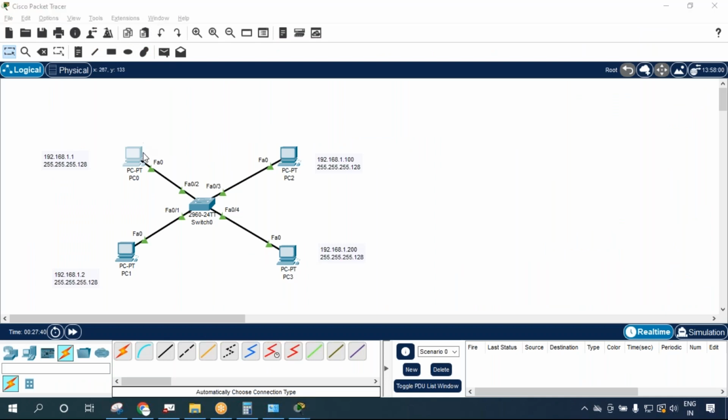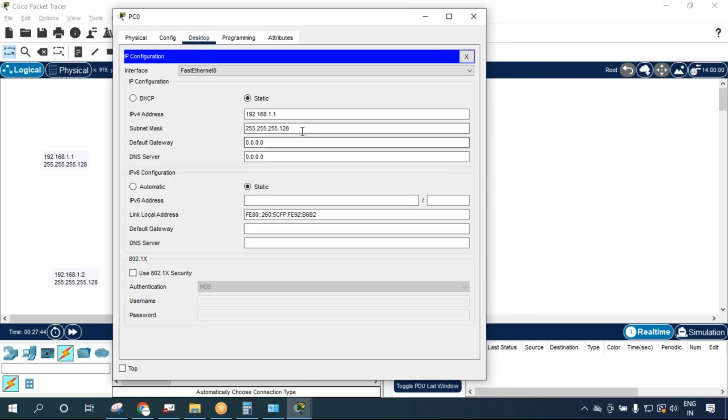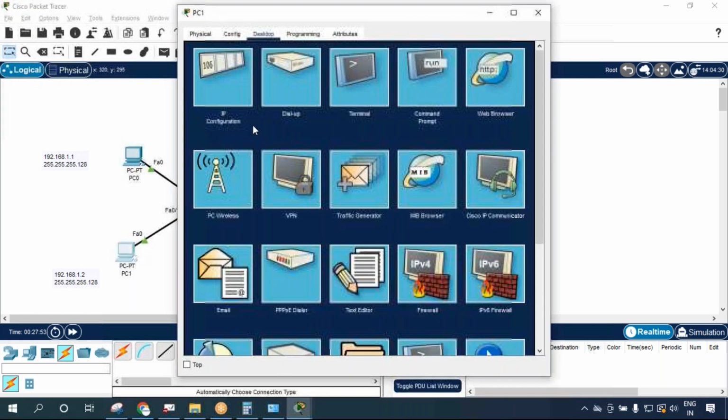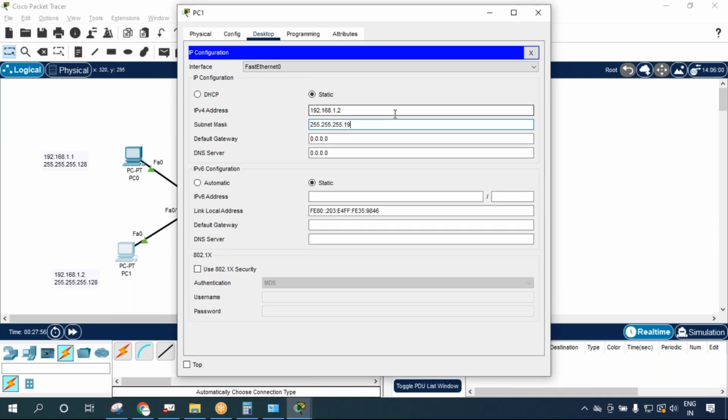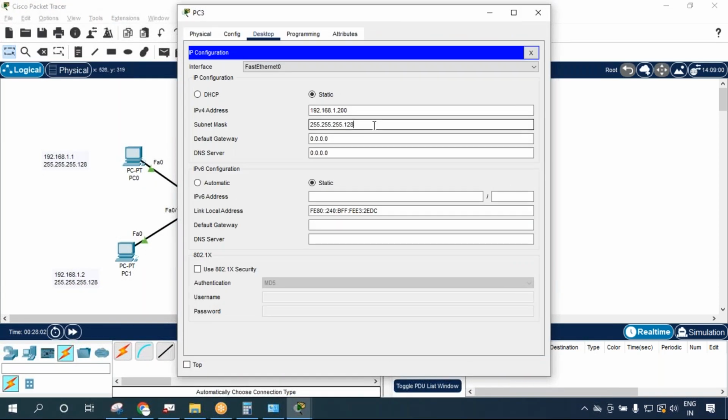Now my dear friend, let's change the subnet mask. Keep the IP addresses the same, and change the subnet mask to 192. Please change the subnet mask for all the PCs.